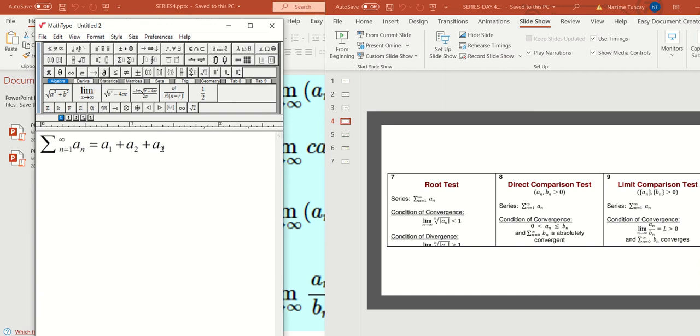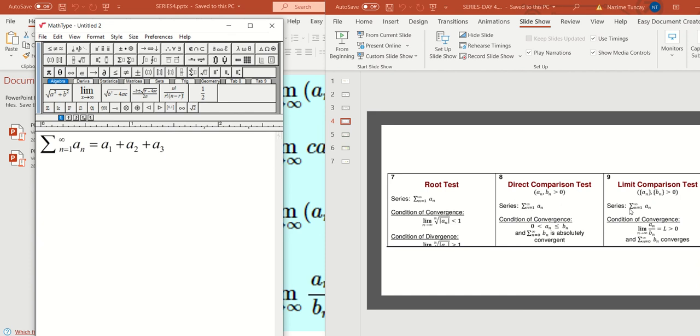The condition for convergence is that we find the nth root. If it is smaller than 1, then it converges. If it is bigger than 1, then it diverges.